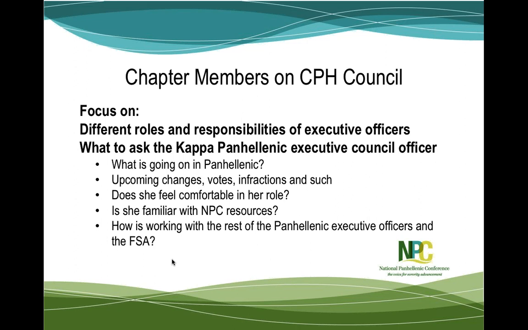So again, ask them what their communication looks like with the officers of the council, with their chapter, with their Greek advisor, creating a healthy balance between Panhellenic and representing their own chapter. That means maintaining neutrality when it's important, but also still representing and being the voice of their organization.